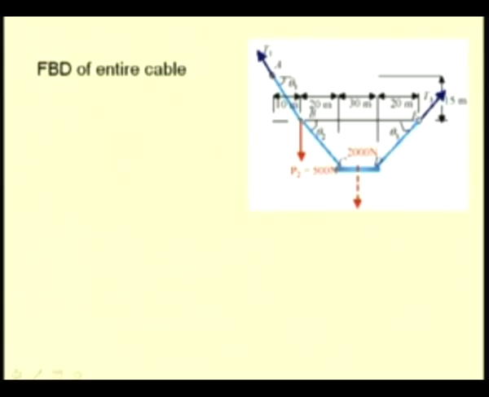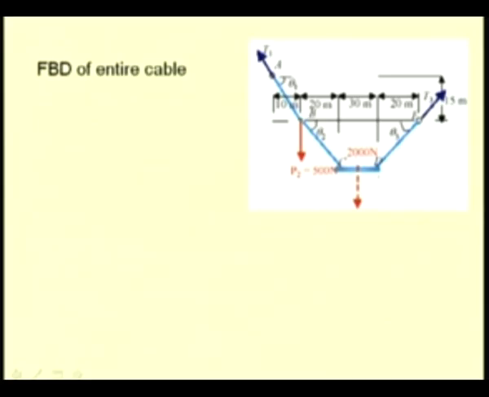Same way at A, the reaction is equal and opposite to the tension that occurs in the segment AB. So, that is why we have marked this T1 in this direction. And let us replace this platform CD by a concentrated load of 2000 Newton acting through its CG.